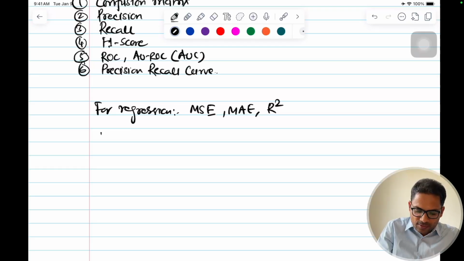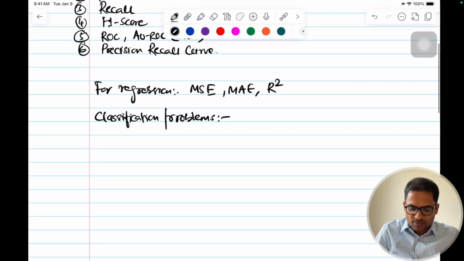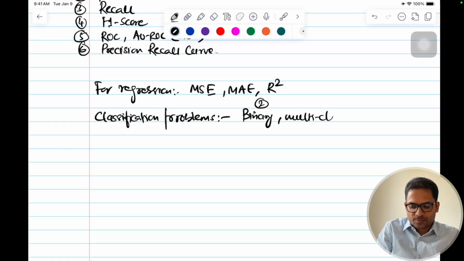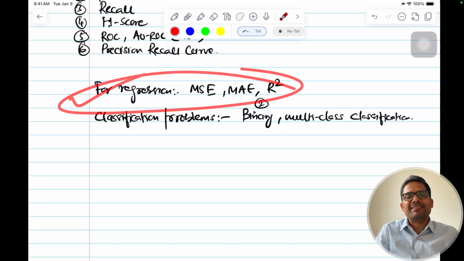So whatever metrics we are going to discuss today are applicable for classification problems, where it can be binary, with only two classes, or multi-class classification.